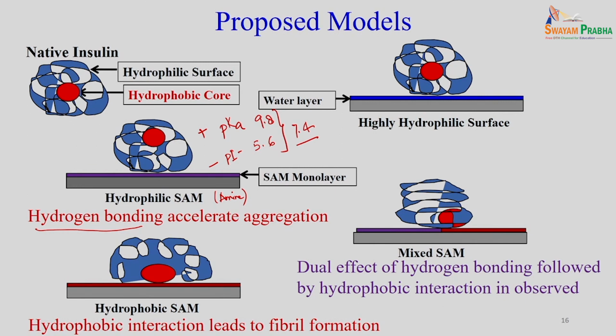Now, in case of the mixed surface we observe the shortest lag time and faster aggregation. So, here we can say we have the dual effect of both hydrogen bonding and electrostatic interaction coming from the amine group, and hydrophobic interaction coming from the octyl group. So, that is why in case of mixed SAM we observe the dual effect.